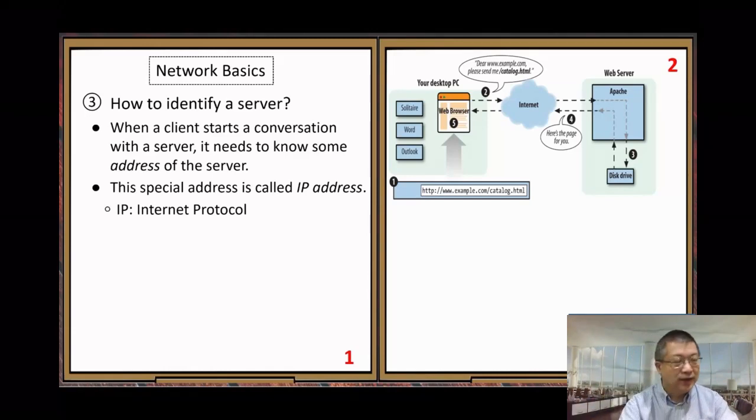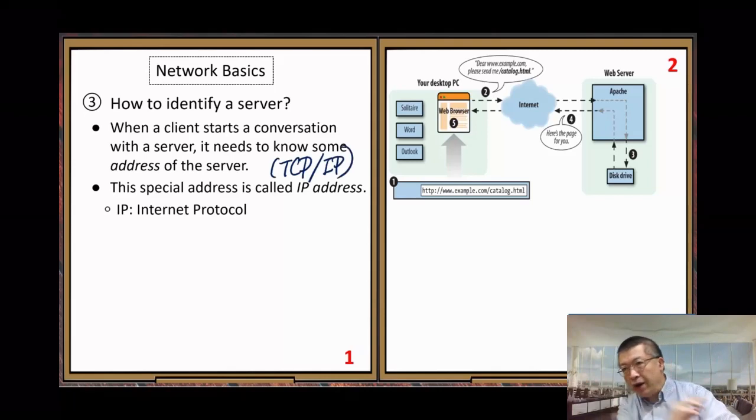Remember, I mentioned some protocols before, TCP/IP, so you may have heard of that. Many times people talk about TCP/IP, the low-level protocol. For networking basics, that protocol is the foundation.